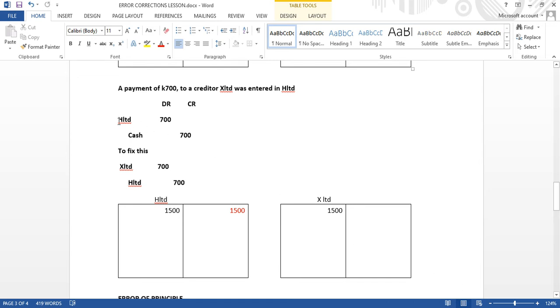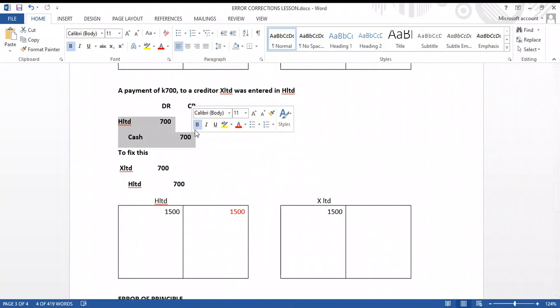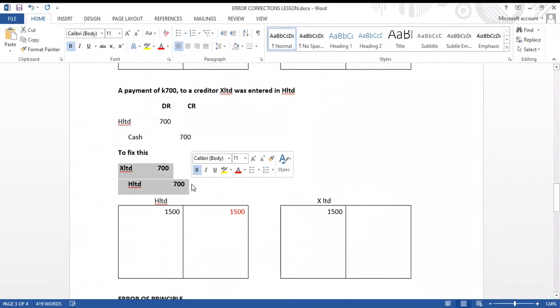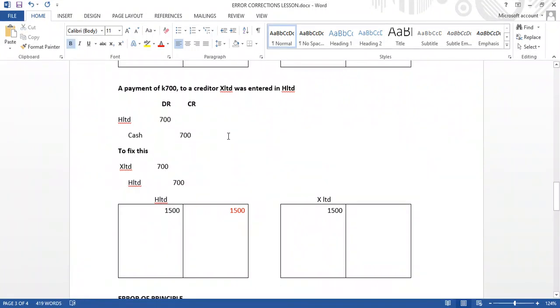Are we okay with these, colleagues? Any questions or queries? Here it's just doing the opposite entry to fix it. As you can see, I don't know why I put 1,500. That would be 700.